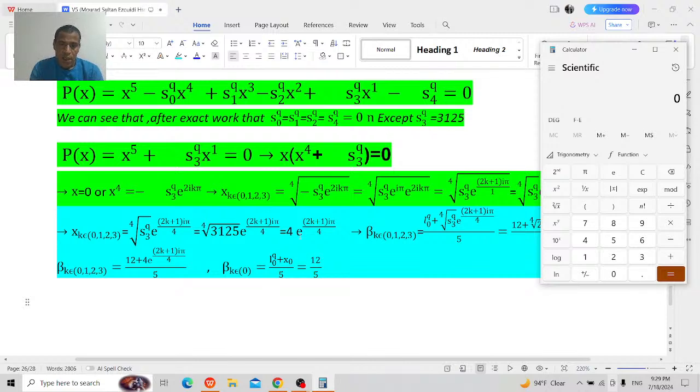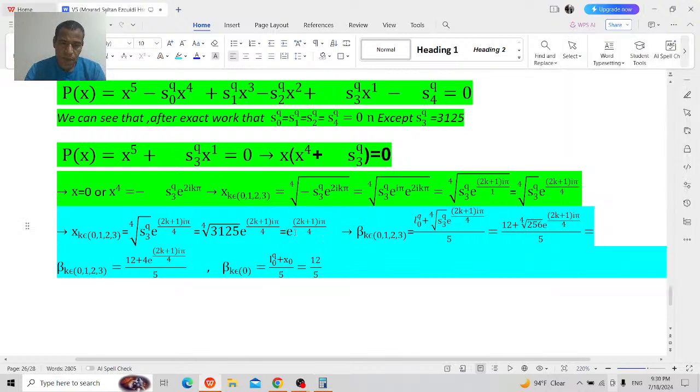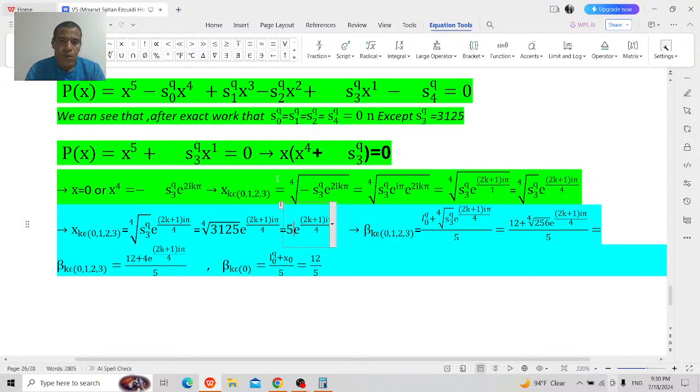Therefore, learners, can you see this one? Look, 5 raised to the power 4 equals 625, multiplied by 5 equals 3,125.